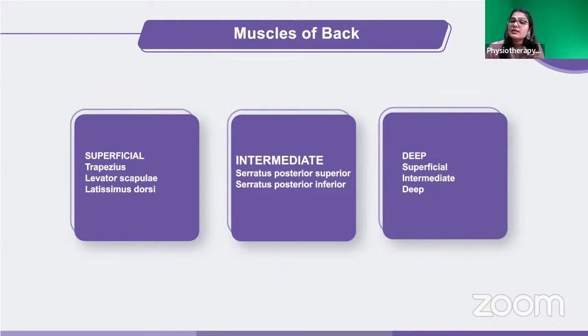Intermediate muscles are serratus posterior superior and serratus posterior inferior. In our first session, we saw that there is serratus anterior, right? So if there is serratus anterior, there should be serratus posterior. Serratus posterior superior is there, and you should also know there is serratus posterior inferior.